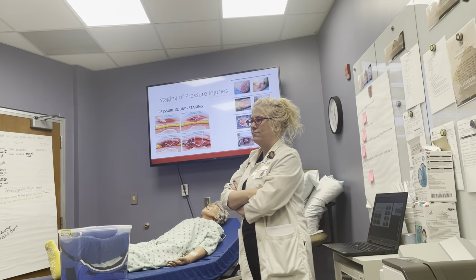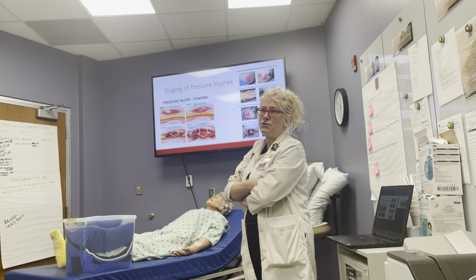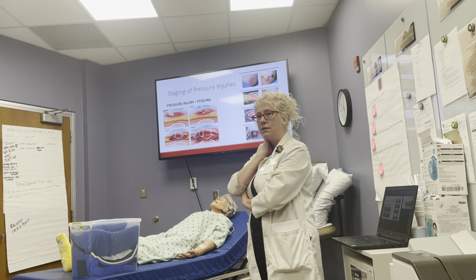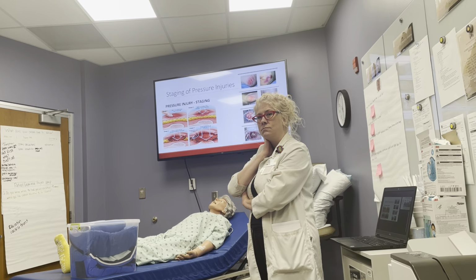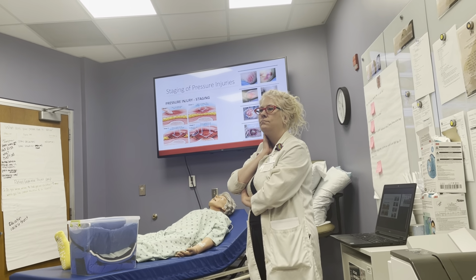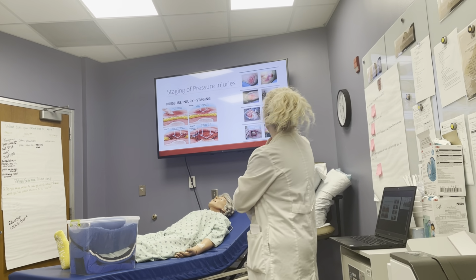Would you look at it more as a DTI or stage 2? Well, if it's clear fluid, that's the distinguishing characteristic. If it's clear, it's a stage 2. If it's purple or red and blood filled, that's the definition of deep tissue pressure injury. So in this case, it would be stage 2. Yeah, that looks like stage 2.